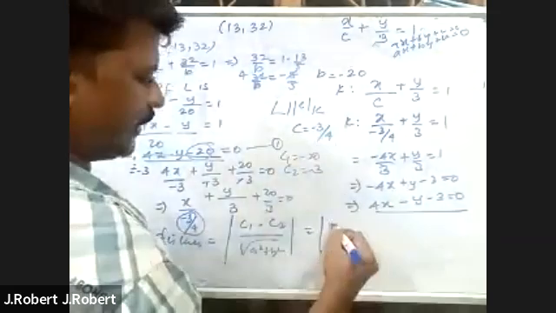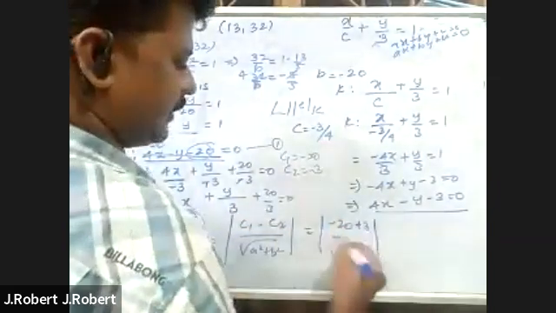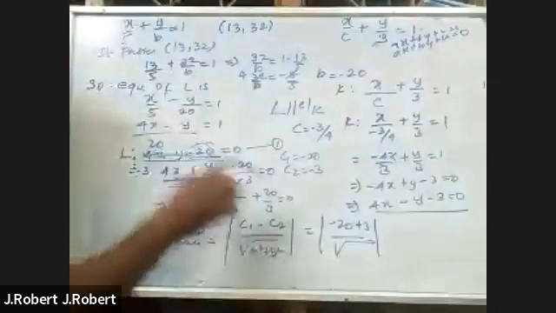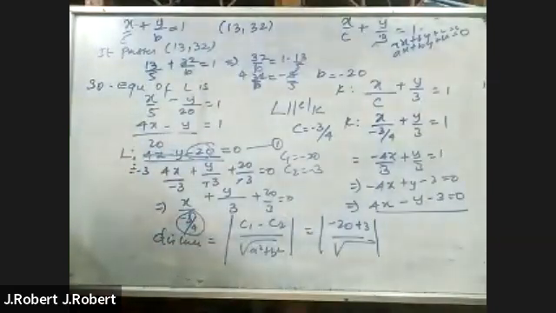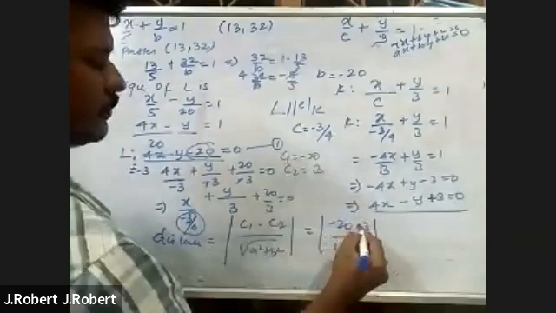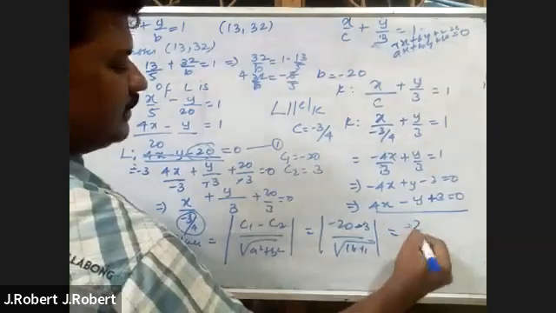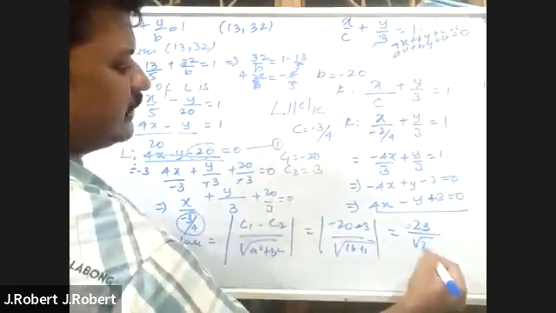Therefore we have -20 minus 3. a and b are the same for both: a is 4, b is -1. Squaring, a square is 16, 16 plus 1 is 17. So taking the modulus, -23 becomes +23, divided by root 17.